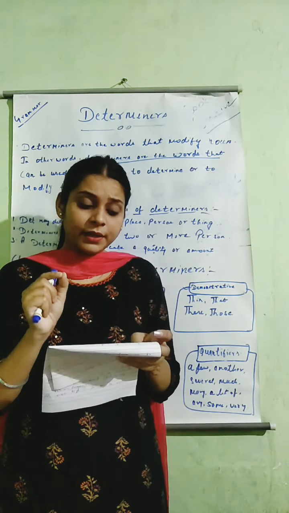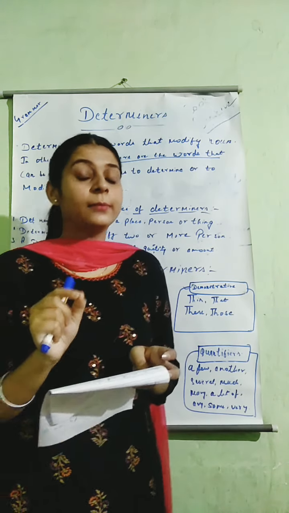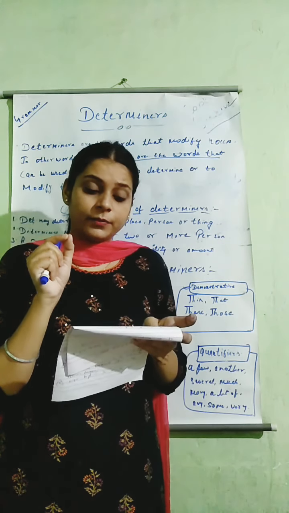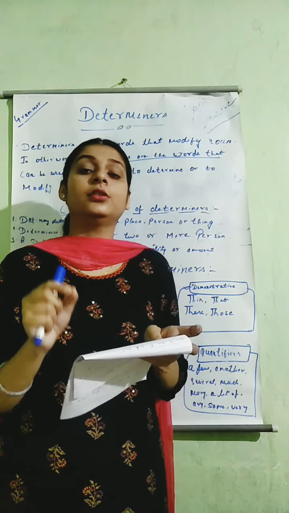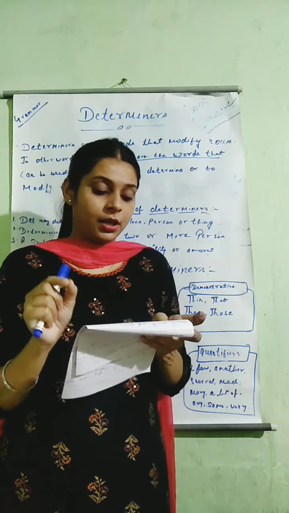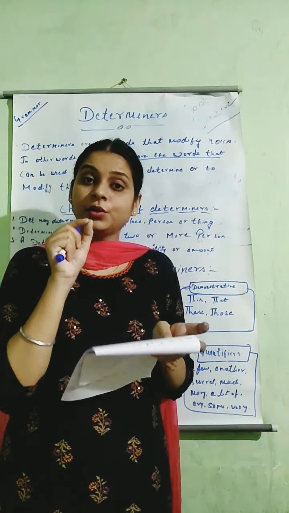The following words begin with a vowel but not with a vowel sound. So these are the words which I am going to tell you. For example, a unique thing, a one rupee coin, a European, a unicorn.